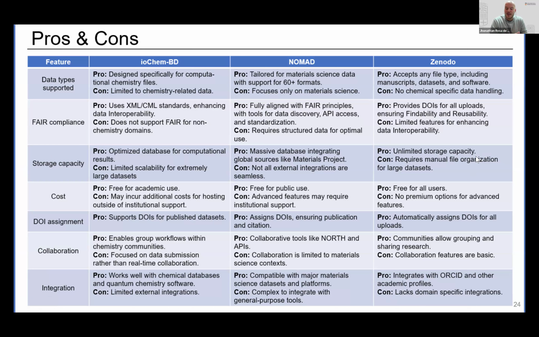So on the Zenodo platform, you can store every kind of data, and this is very good for everyone. I'm going to send you this slide so you can look at these characteristics later. But yes, we have a comparison between them, and as I showed you, all three of these are good options to store data.